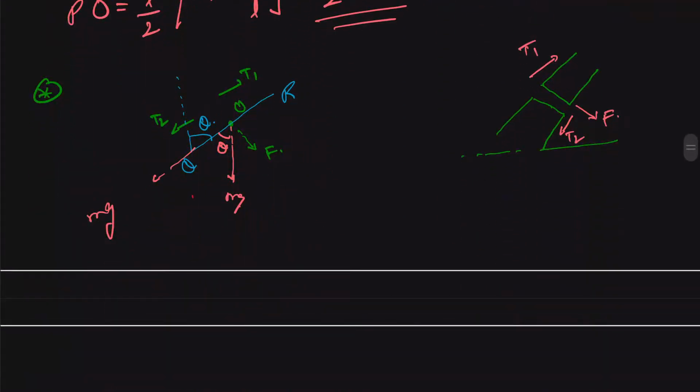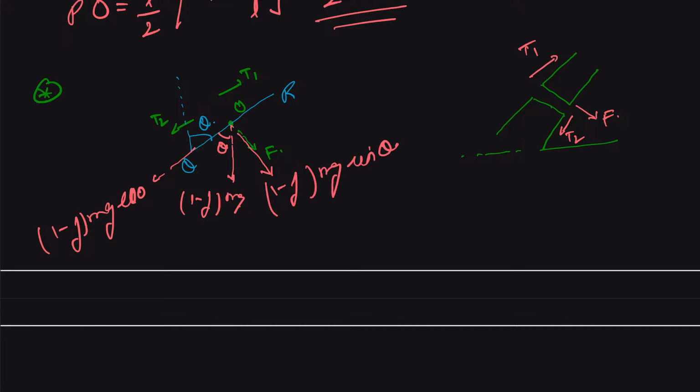So this comes as 1 minus f times mg cos theta, and we have a perpendicular component that will be 1 minus f times mg sine theta.